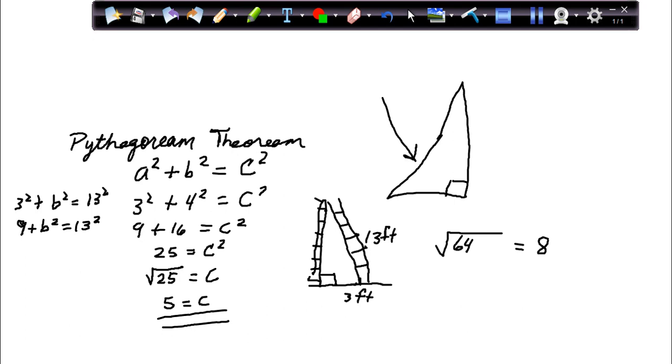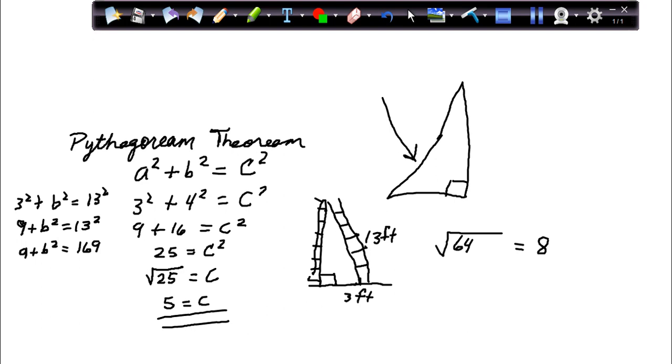So you can bring this down. 9 plus b squared equals 169. Now, what they're doing here in your book is solving for b, so we have to get rid of this 9.